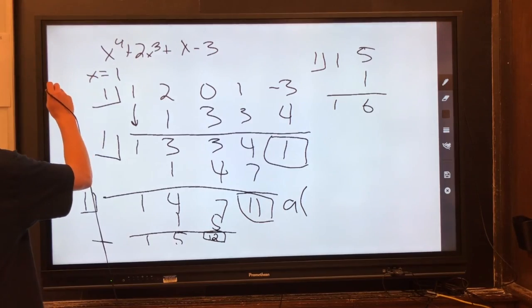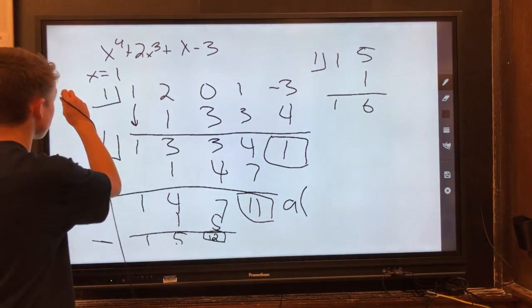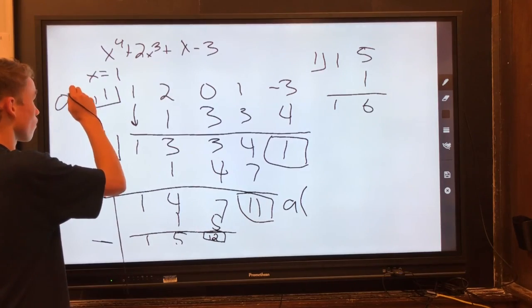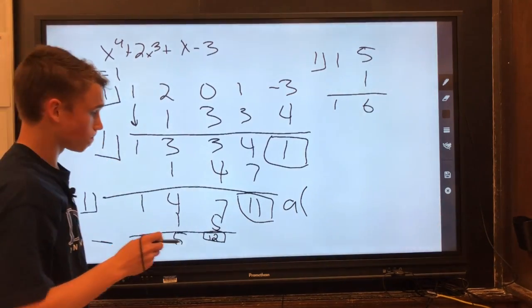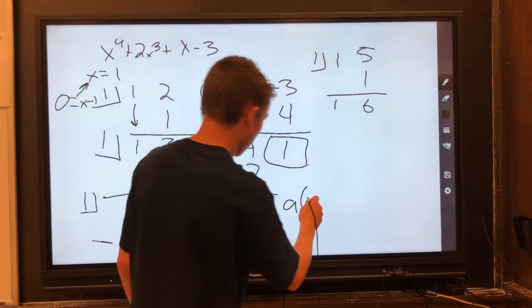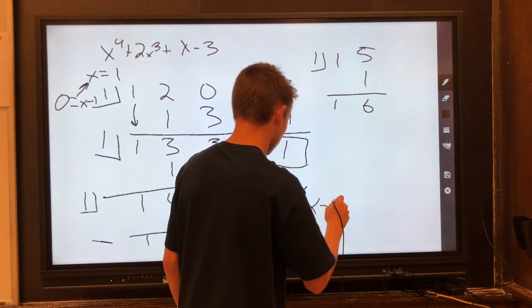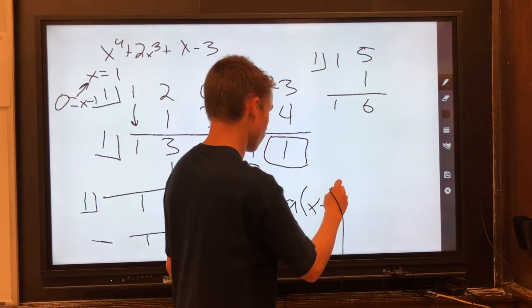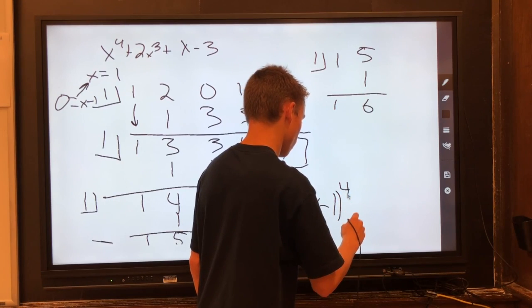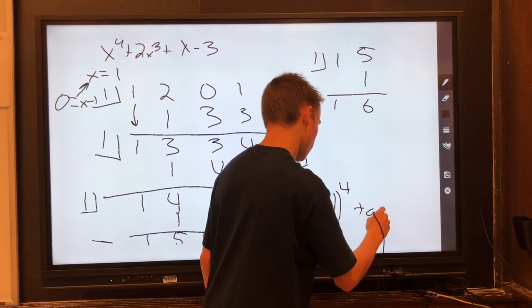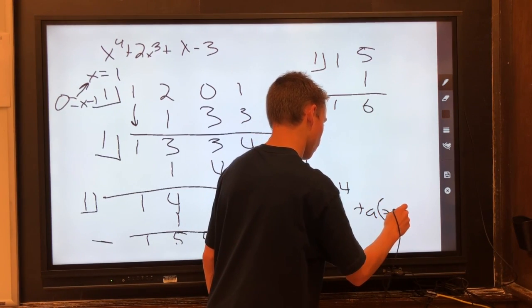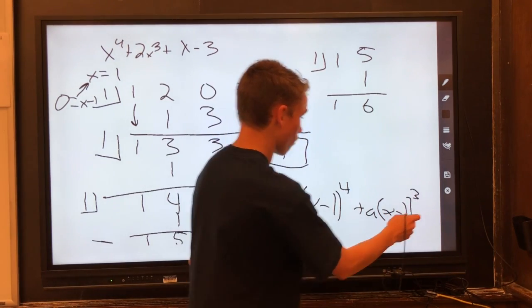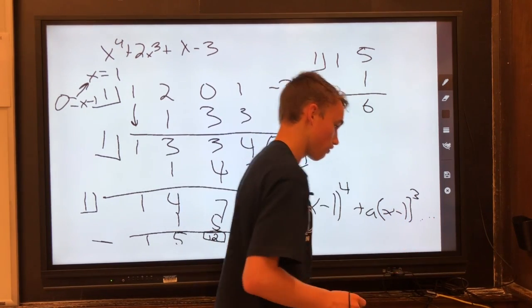So it's going to have a times x minus 1 to the fourth, and then plus a times x minus 1 to the third, and so on until you get to nothing left.